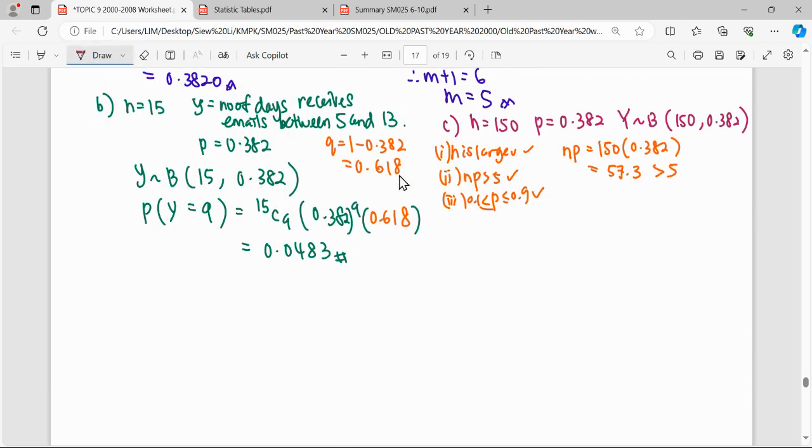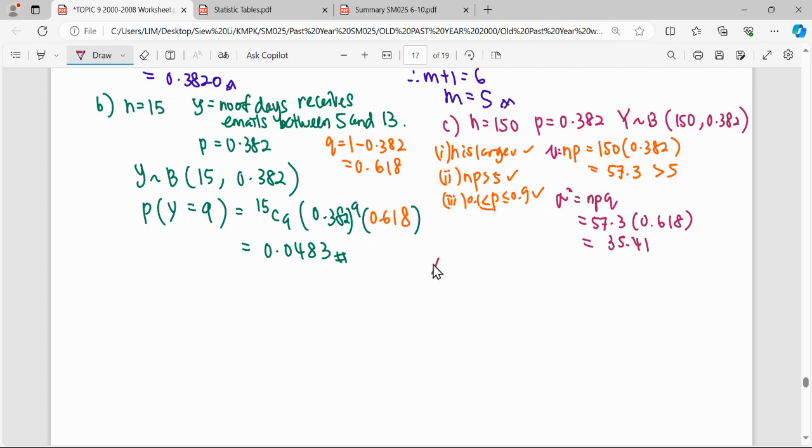To get normal, we still need our variance. This is mu. We find the variance, NPQ, which is 35.41.